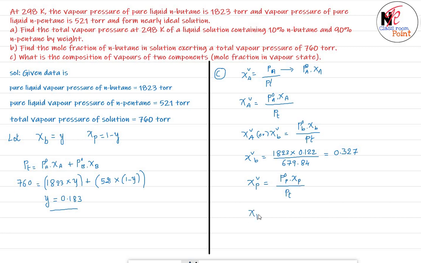The pure vapor pressure was 521 torr, and the mole fraction of pentane we calculated earlier as 0.878, divided by the total pressure, which is common for both, 679.84. By solving this, we get 0.673.